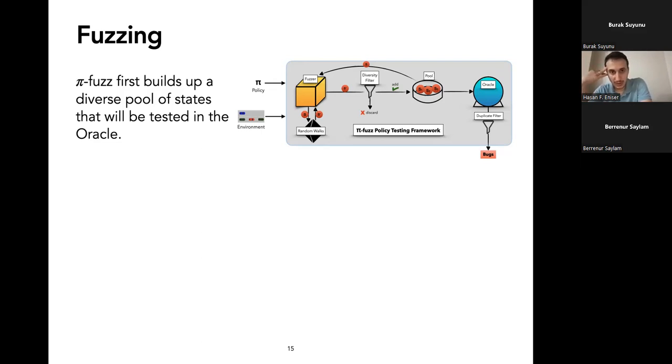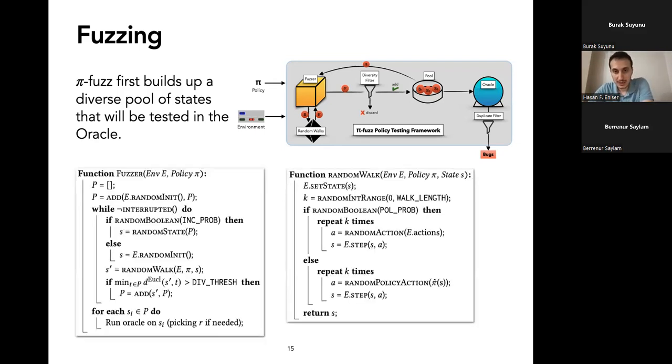a fuzzer component. In the worst case, we could use only the initial state distribution as the state generator that the oracle will consume. But the fuzzer is a bit more complex component, where we take random walks from the initial state, and if they are interesting from a diversity perspective, we add them to the pool.